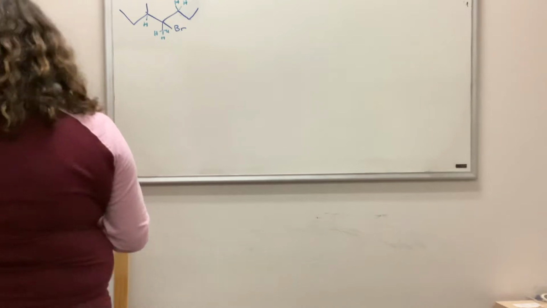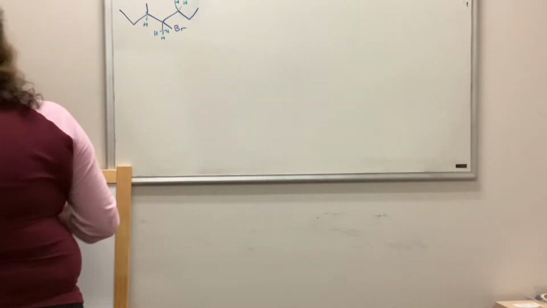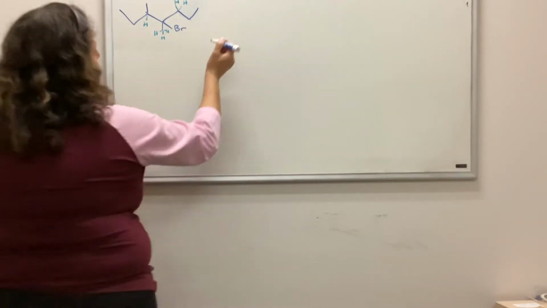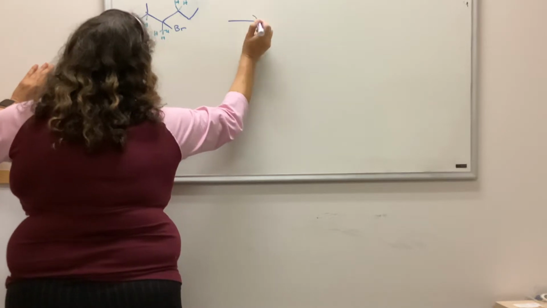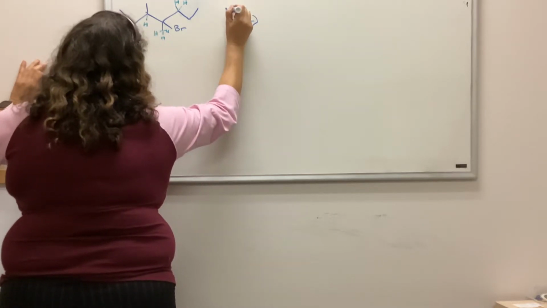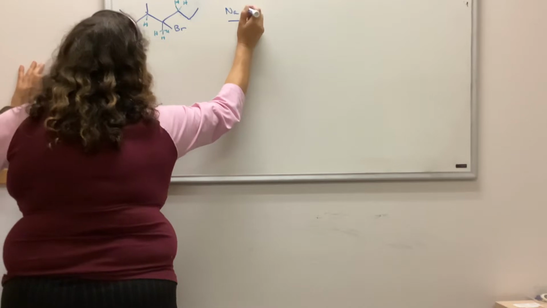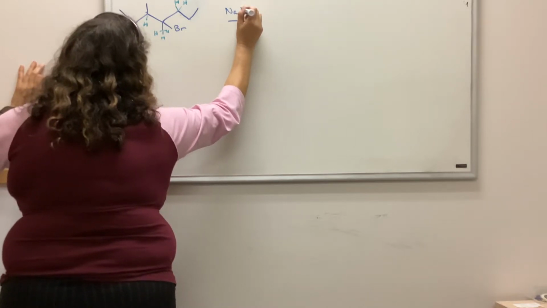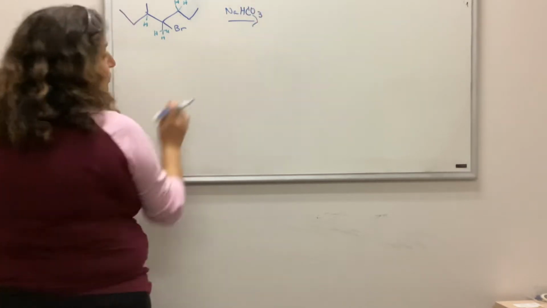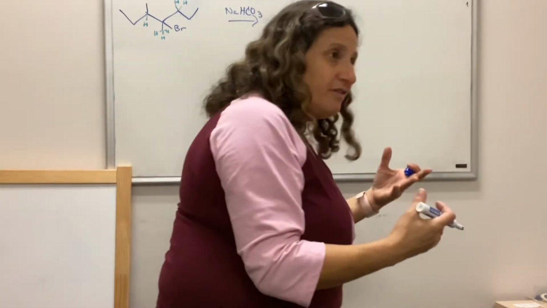So the first thing we're going to do as our E1 reaction, and this time I'm going to use sodium bicarbonate, NaHCO3, not a strong base, not a good nucleophile.